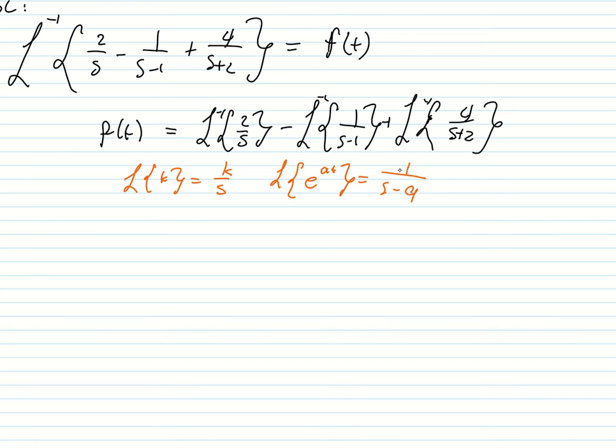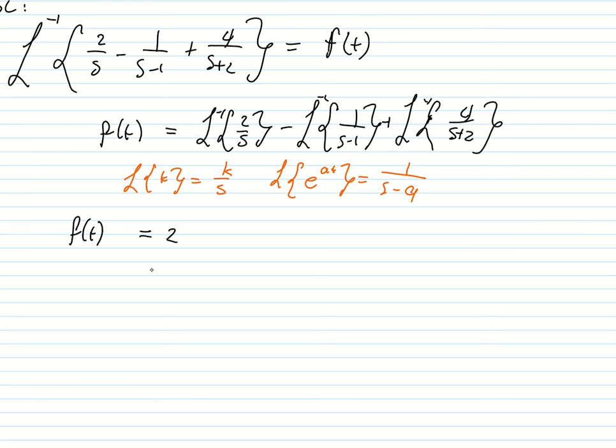And for the last one, 4 over s plus 2, it's also the same pattern as s minus a, so it's e also, but your a here will be negative 2. So if we apply the inverse Laplace, for the first one, f of t will be equal to 2, because the inverse Laplace of 2 over s is 2.